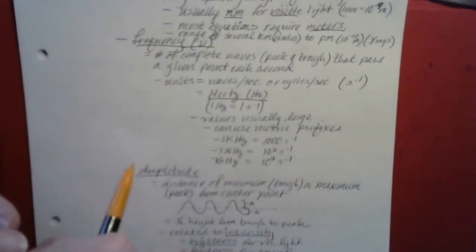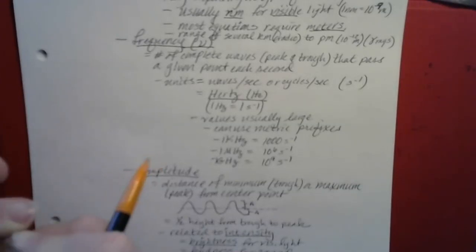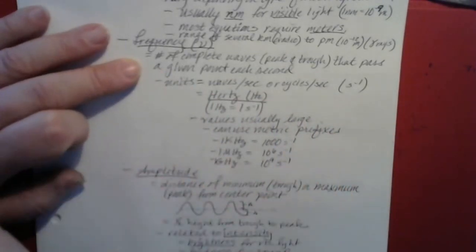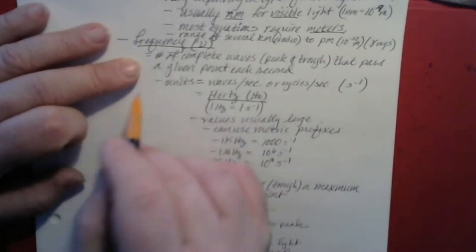There's also frequency. All waves have this property, as long as they're moving anyway. A standing wave on a guitar string, actually a string wouldn't have a frequency linearly, but it would have a frequency up and down. This frequency is defined as the number of complete waves that pass a given point every second.